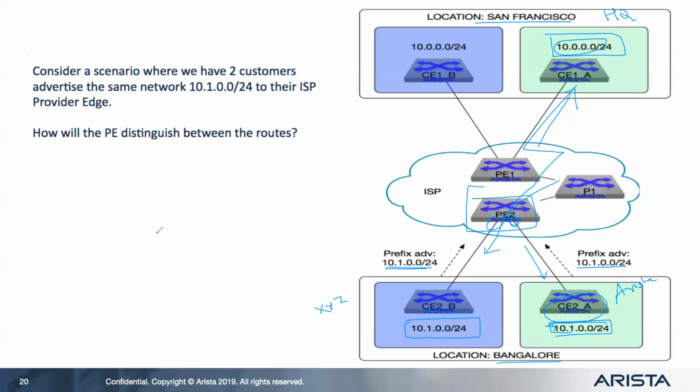Route distinguisher and VRFs. Okay, we'll come to the RD, route distinguisher, next. But what you mentioned is VRF, correct? Let's say this is the PE2 device. What is VRF? Anybody can tell me what is VRF?